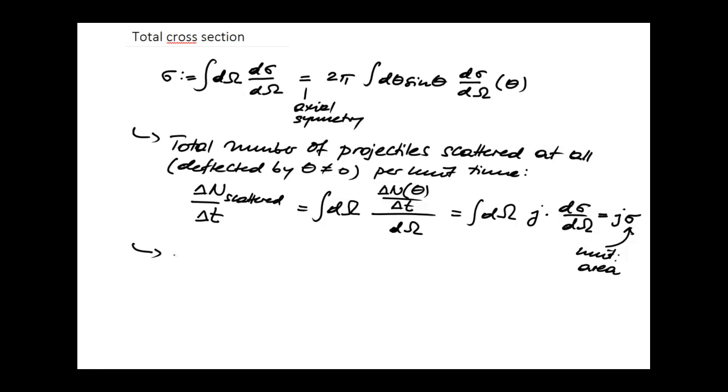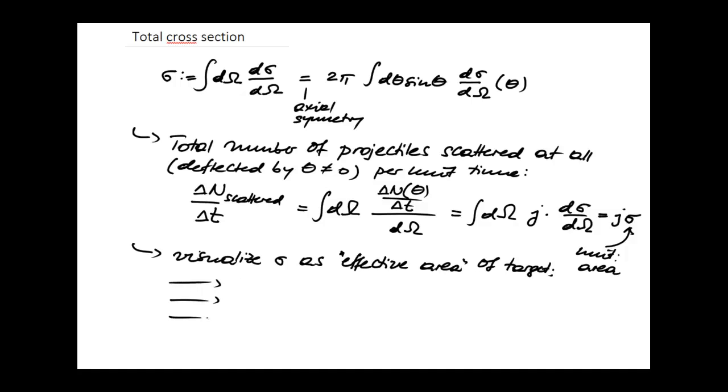Therefore, you can visualize the total cross-section as a sort of effective area of the target. So you have incoming projectiles. You have your target. Then you say the target has an effective area which equals the total cross-section, sigma.